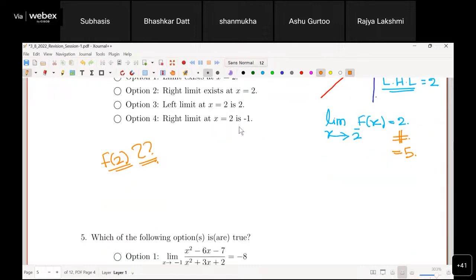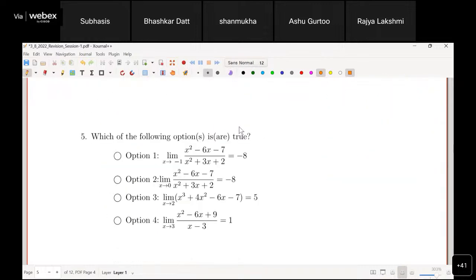But in certain special cases, you can find the limit of the function at point a simply by substituting a in that expression.